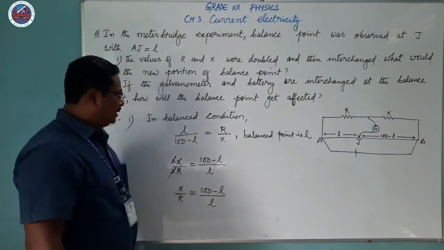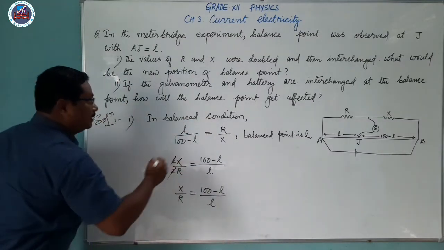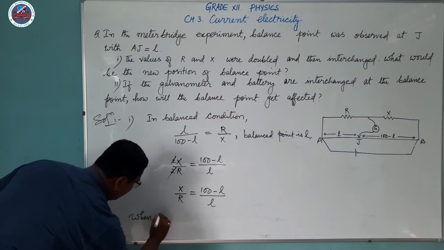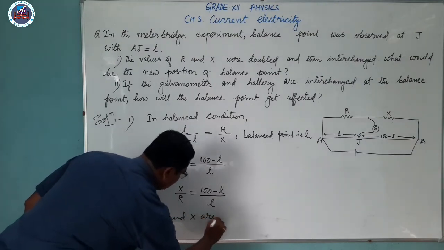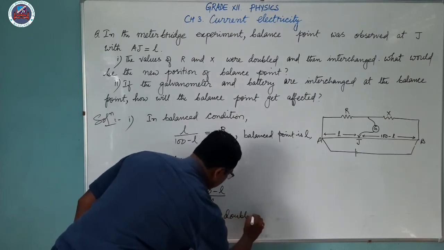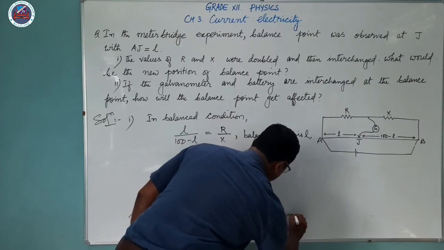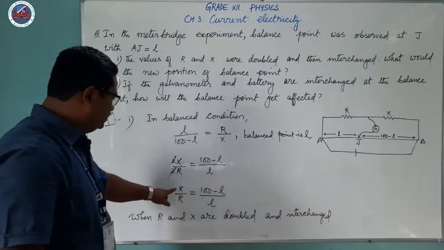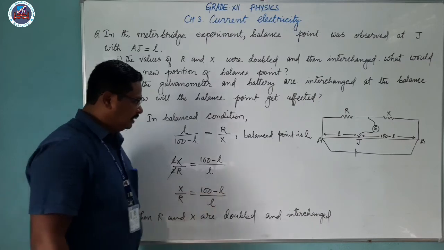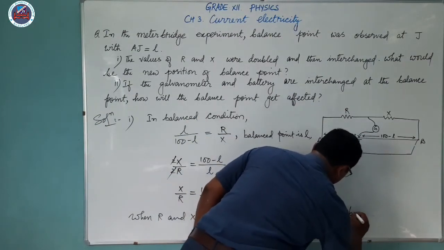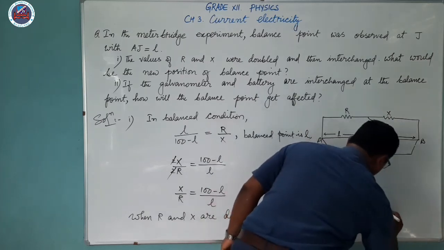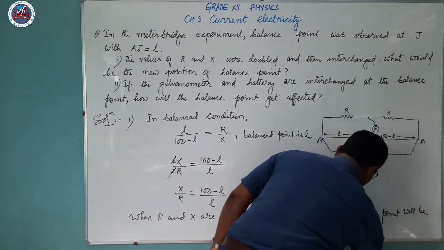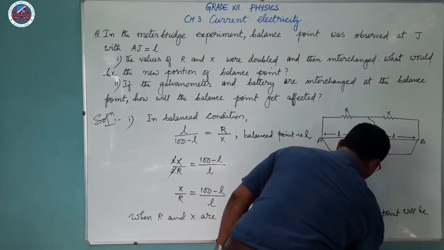It will become 100 minus L. When R and X are doubled and interchanged, then we can see that the balance point will become 100 minus L. This should be your answer.